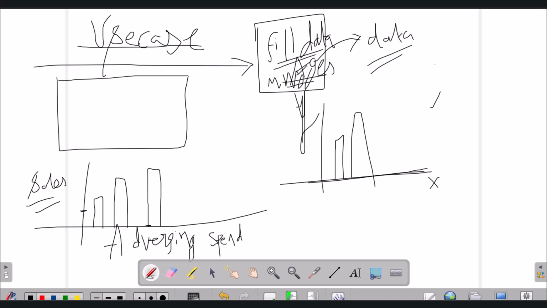So it depends upon how the data is getting scattered. So we will use a scatter plot when there is bivariate data and you want to derive some relationship between the two variables. That is nothing but bivariate.